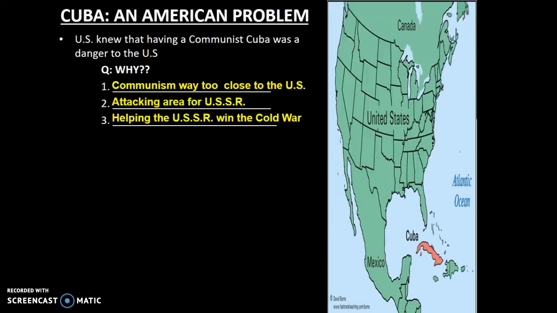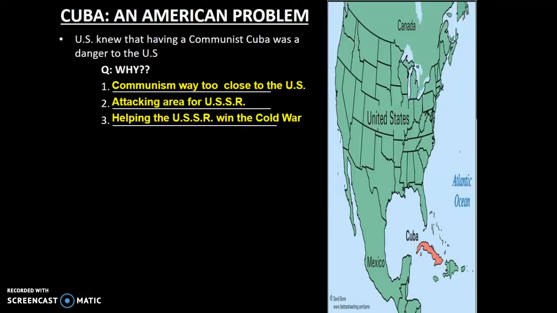Finally, the United States also knows that the USSR, by having Cuba, is one step closer to winning the Cold War. Now that there is a communist country in Central America, communism could spread into neighboring countries, basically causing the domino theory to come true.